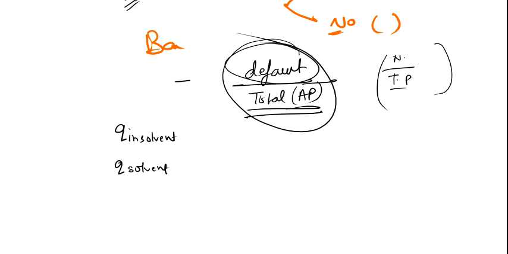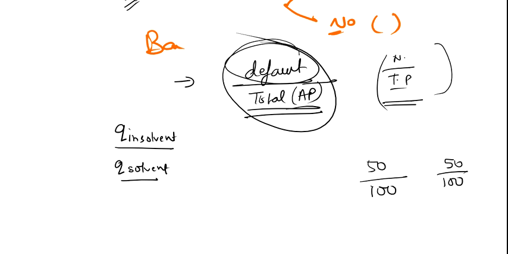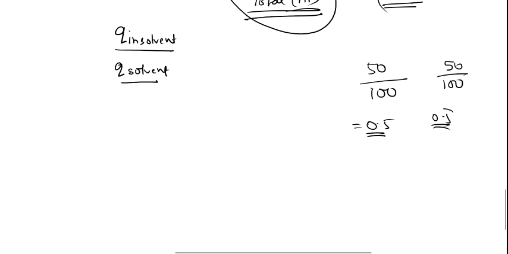So these are insolvent, these are solvent. Now if out of 100 we have 50 default and 50 solvent, then our probability is 0.5, 0.5. So in case our probability is the same, then what should be the adjustment?